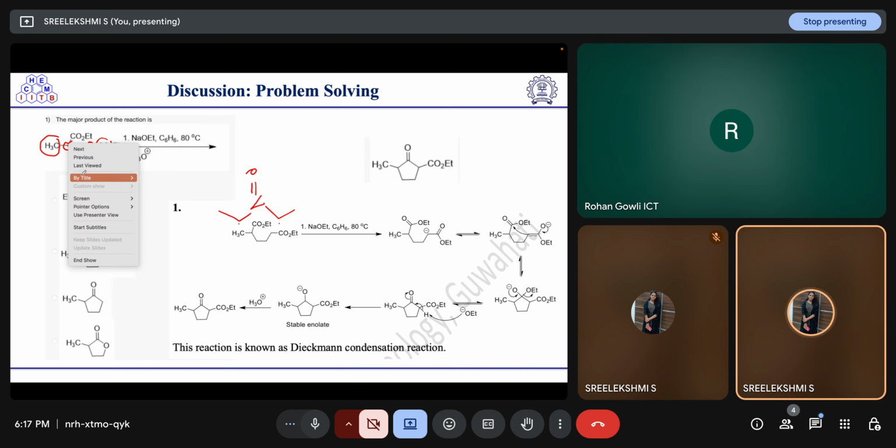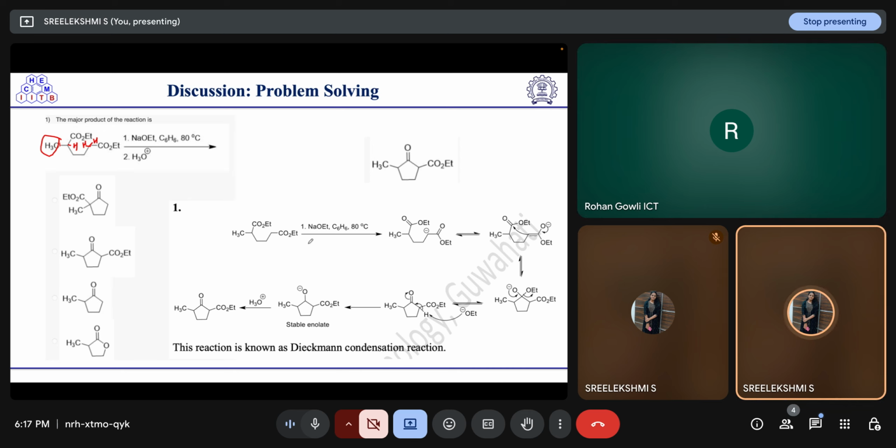Okay, no, because there we have to consider steric reasons also, because here CH3 is creating a hindrance for this base to abstract this particular proton. But here in this case there are only two protons, there is no additional group, so it will be easier to take a proton from this center rather than this center, due to this CH3 group, which will create some bulkiness.